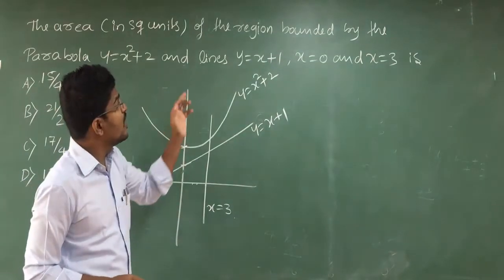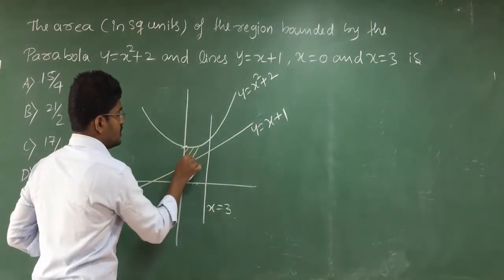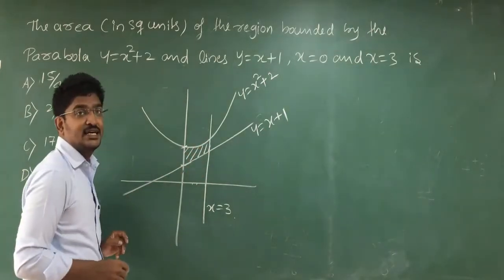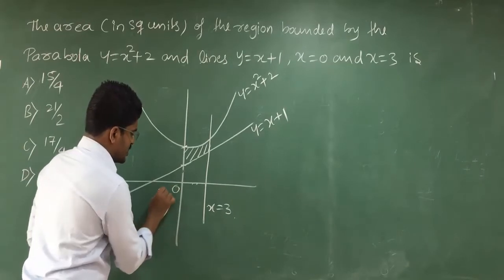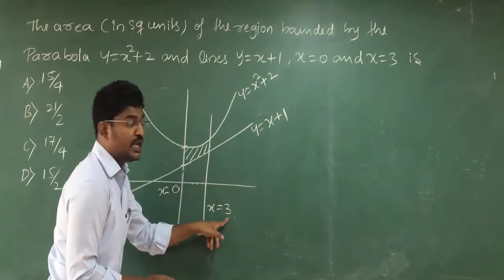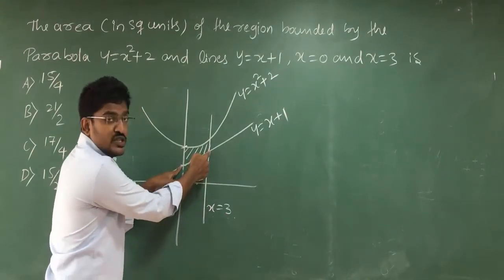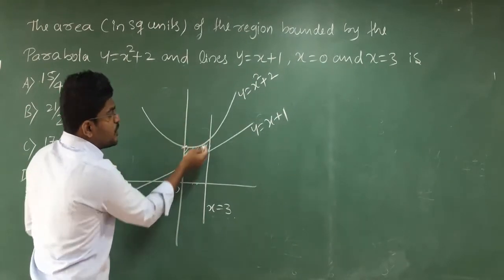So now area bounded by all these 3 lines. That means this you have to calculate. Clear? So this is at x equal to 0 origin, and this point is what? X equal to 3. So this point to this point you have to calculate the area in between this particular region.